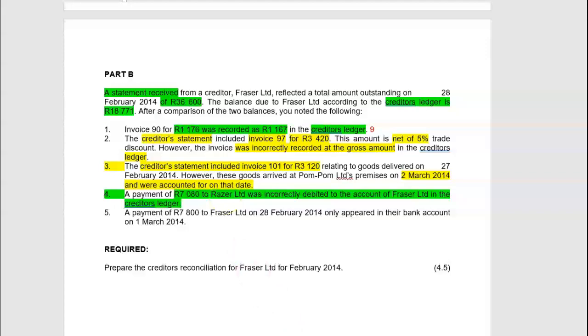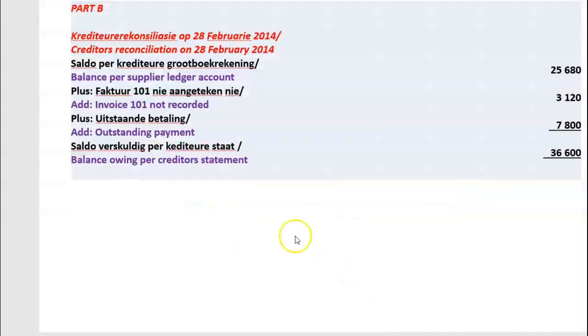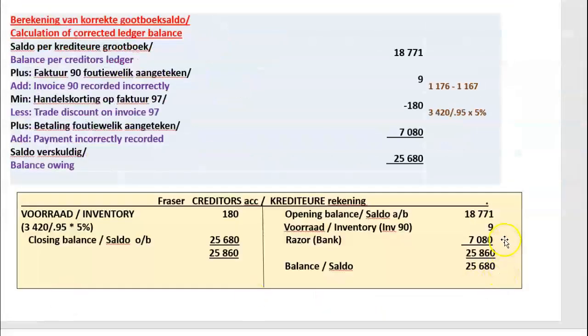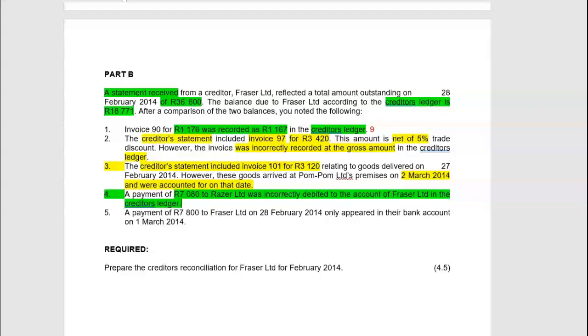So I have to make that adjustment in my books. I've debited this account, so how am I going to reinstate it? I'm going to credit this account with 7080 and I'm going to debit Razor, that creditor, with the 7080. I made a mistake, I have to rectify my mistake.